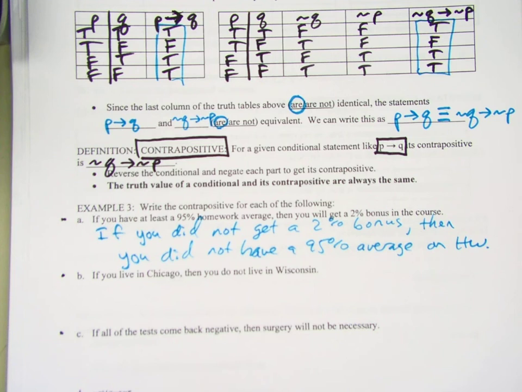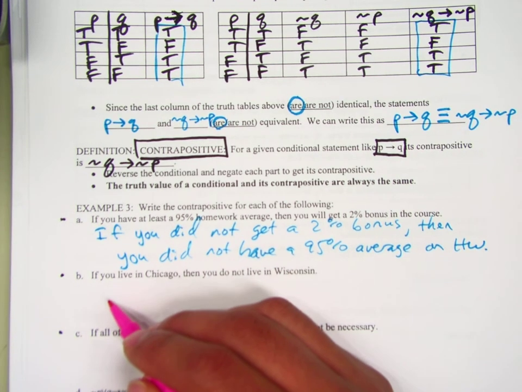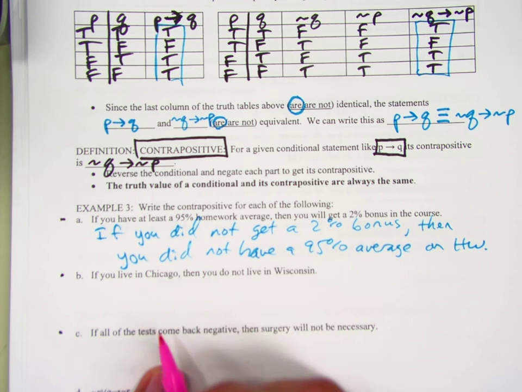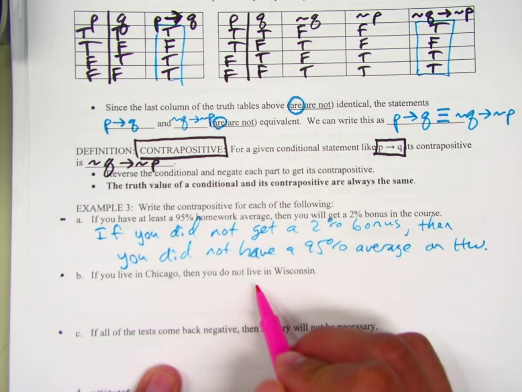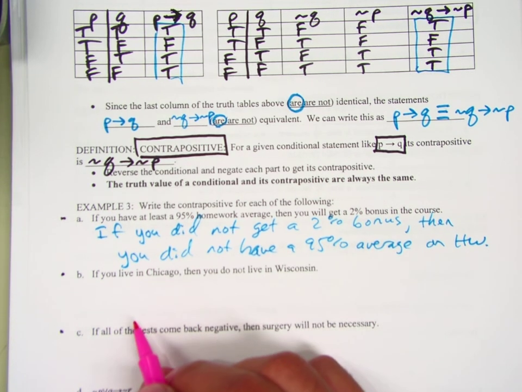Let's see. All right, Chase. How do you write the contrapositive for if you live in Chicago, then you live in Wisconsin? Well, I did if you live in Chicago it's C, and then you live in Wisconsin is W. I'm sorry, I did W, arrow, and negations. So how do you write that?